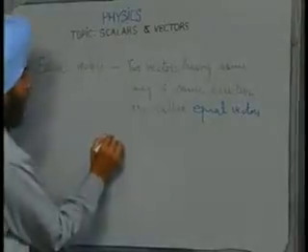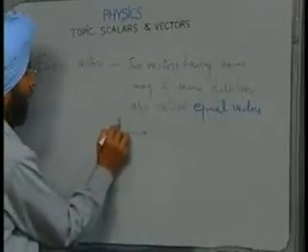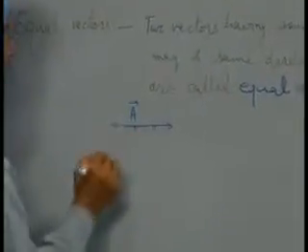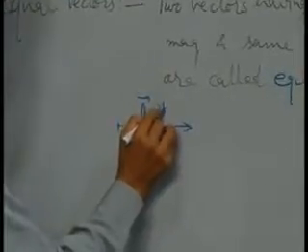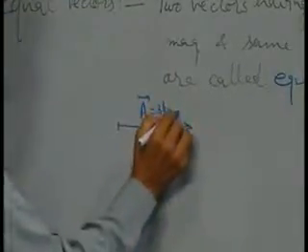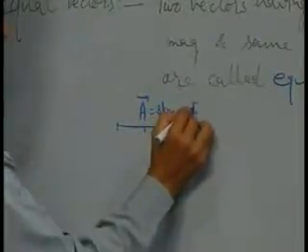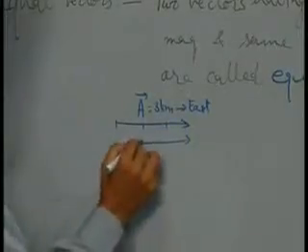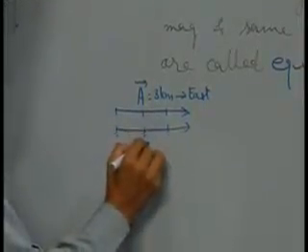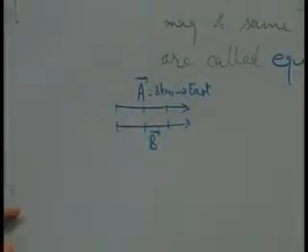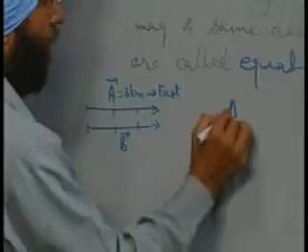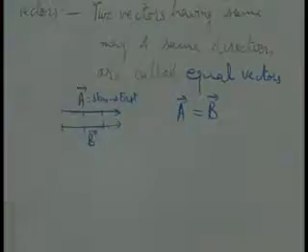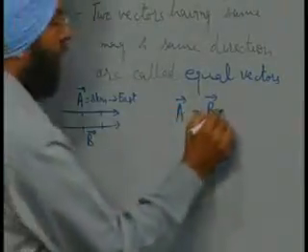So, we have say vector A, magnitude is say 3 kilometers towards east. Vector B also 3 kilometers and same direction. So, A is equal to B. Both the vectors have same magnitude, same direction.